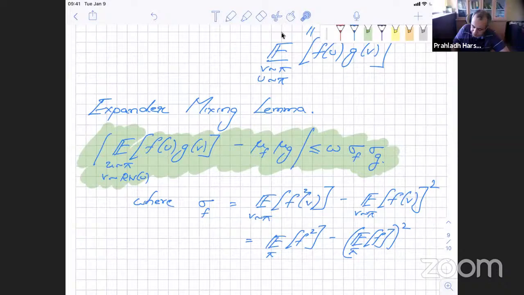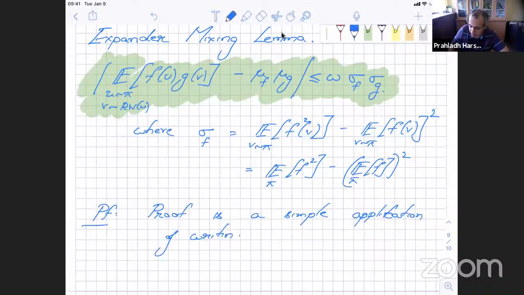The proof is a simple application of writing F and G in their eigendecomposition.